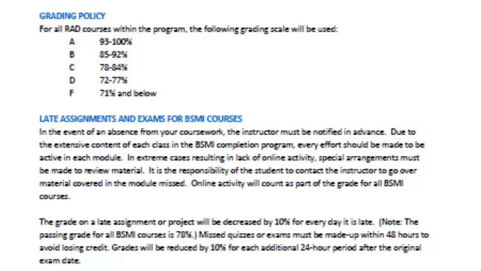But for us, this is a baccalaureate level, so we ratcheted things up a little bit. You want to make sure that you're in that comfortable zone, 93 or better, or be aware of where the breaks are on the grading scale here.